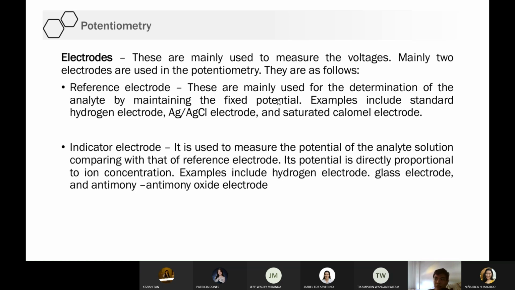The indicating electrode is the variable one. What potentiometry does is compare the voltage the indicator electrode gives with the reference. By comparing the voltages, you can get the concentration.